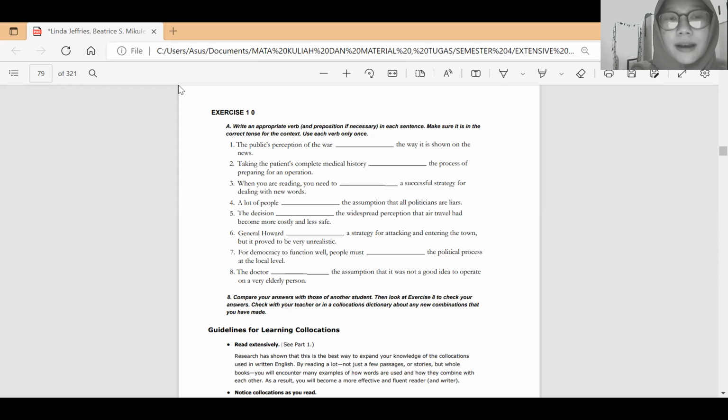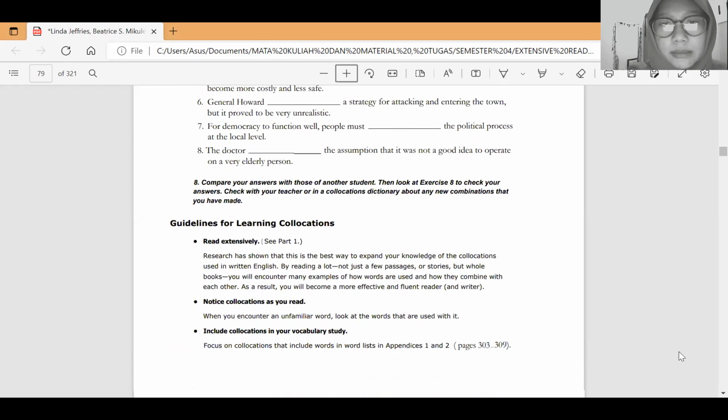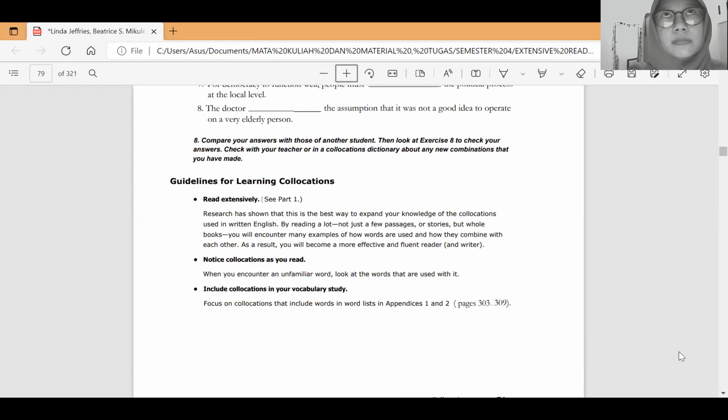I hope that unit 5, which is collocation, you will understand, and implement in your real life, like finding collocations in some paragraphs or articles or journals.